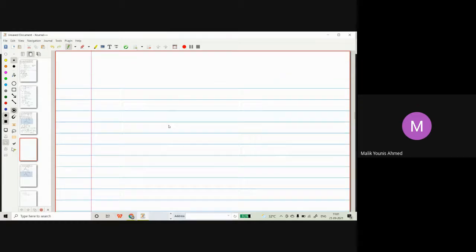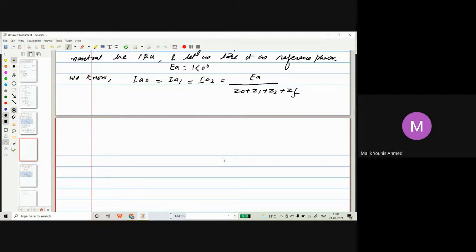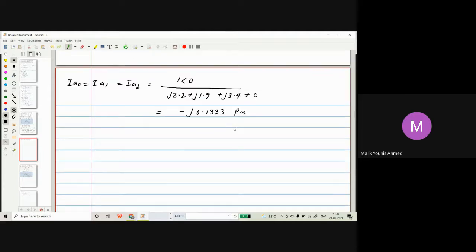So IA0 equal to IA1 equal to IA2 will be equal to 1 at an angle of 0 divided by J2.2 plus J1.9 plus J3.4 plus 0, since ZF is 0. This will come out to be minus J0.1333 per unit. So the values of the currents will be the same in the line to ground fault.